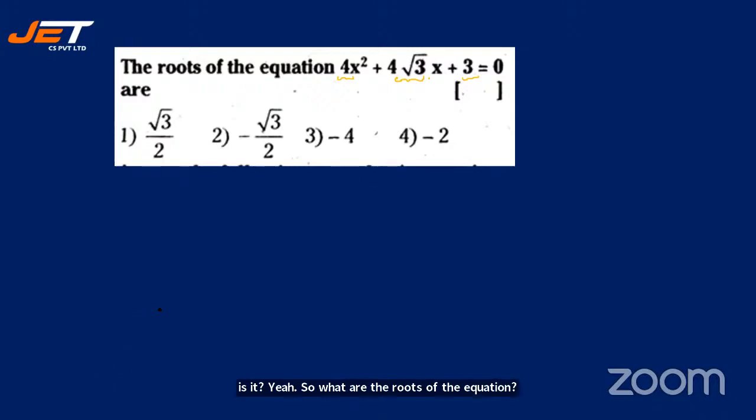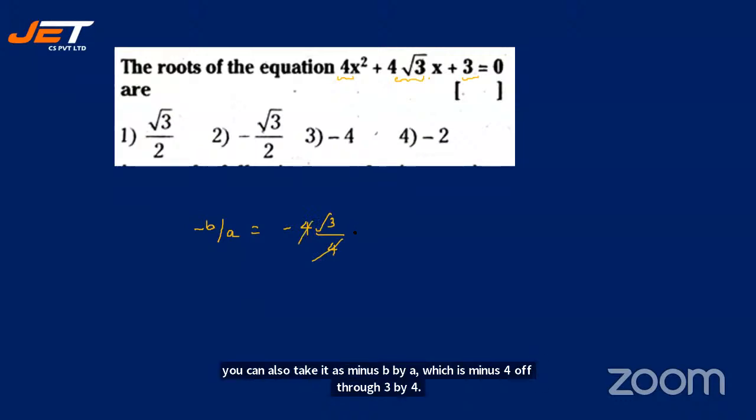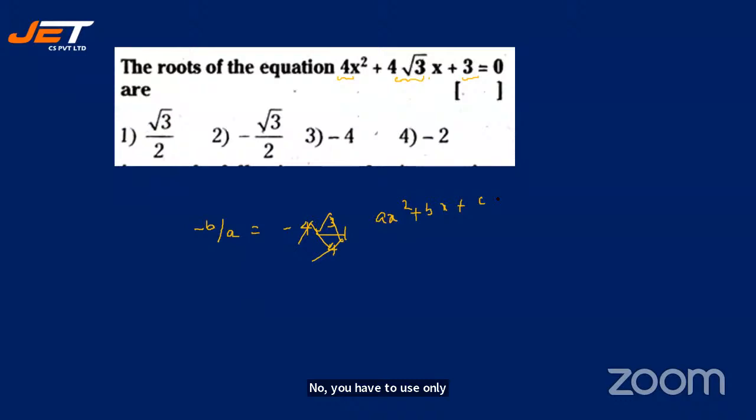So you can either solve it using the factorization method, or you can also take it as minus b by a, which is minus 4 root 3 by 4. No, you have to use only ax square plus bx plus c. Right? So just solve it using this.